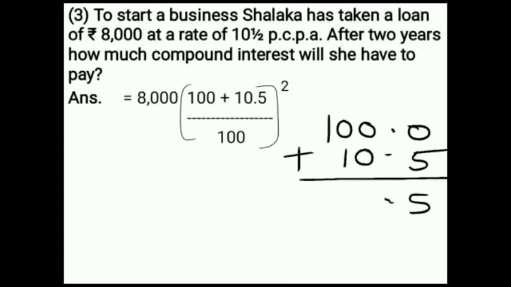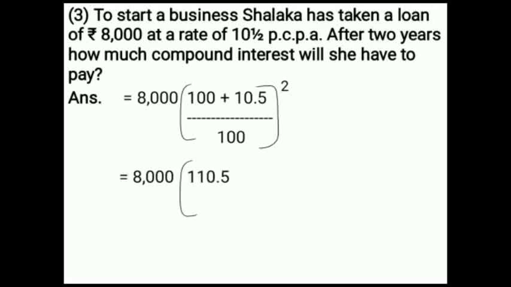Point. 0 plus 0 is 0. 0 plus 1 is 1. 1 plus 0 is 1. After adding 100.0 plus 10.5, you are getting the answer 110.5. That is equal to 8,000 in bracket 110.5 upon 100 raised to 2.